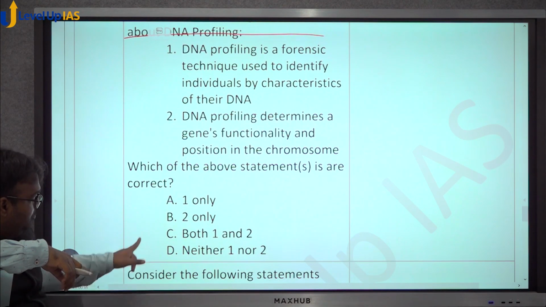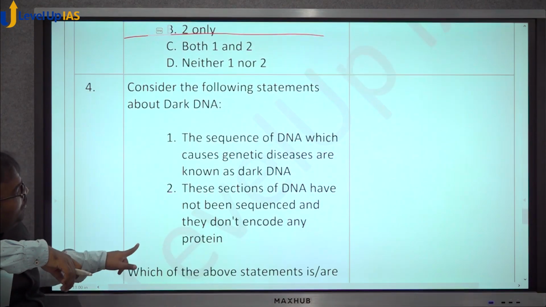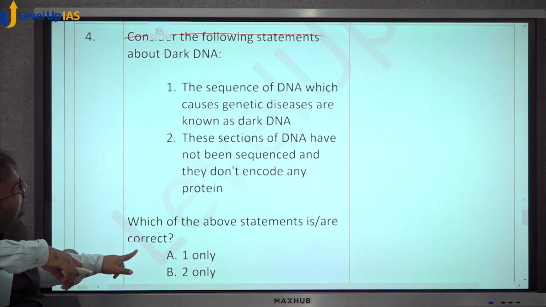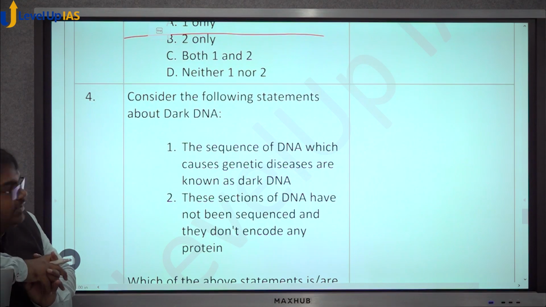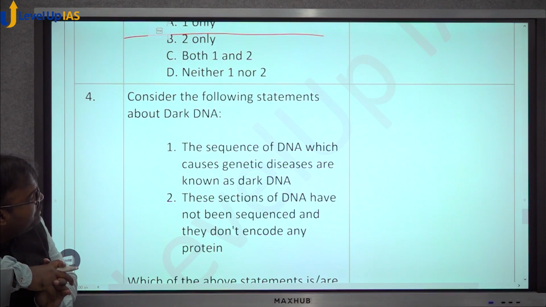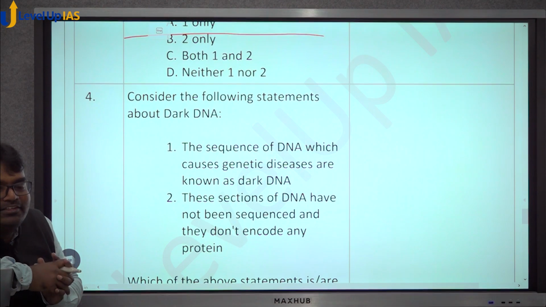Fine. Come to question number 4. Consider the following statements about dark DNA. Let's look at the two statements and you tell me which are correct. First, the sequences of DNA which cause genetic disease are known as dark DNA. It may or may not cause disease, right?